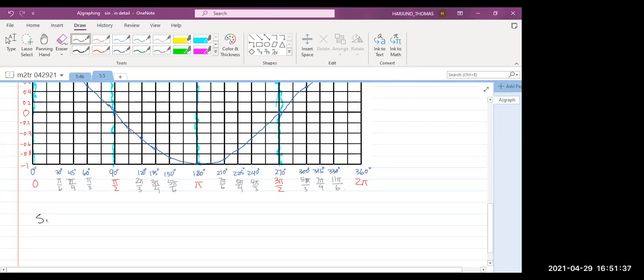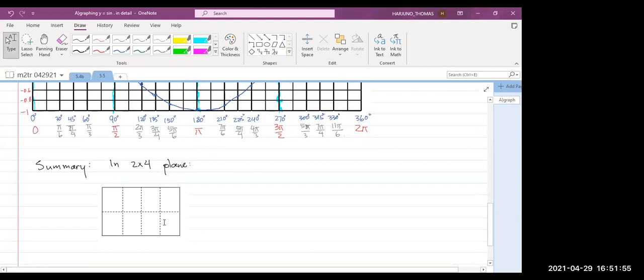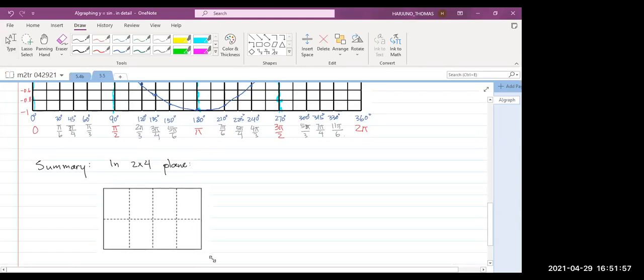Summary. In the 2 by 4 plane, maybe I'll enlarge this a little bit so that you have a better feeling. So this is 0, maximum is 1, minimum is -1.